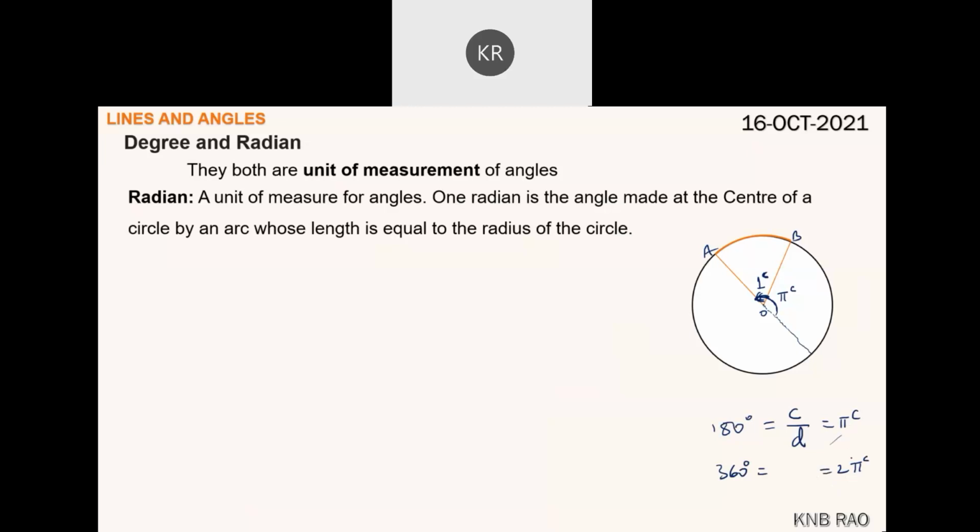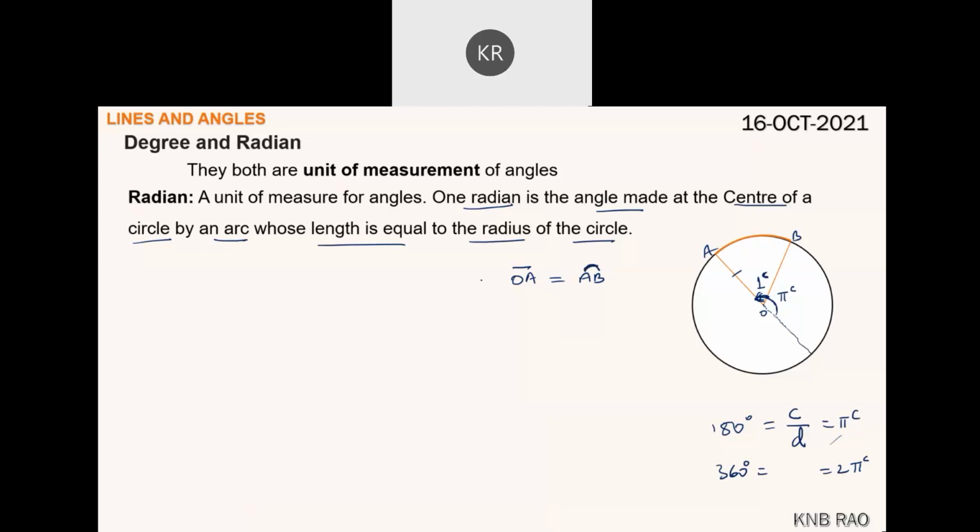But in class 11th, you will be learning only this way the meaning. The meaning of a radian is the angle made at the center of any circle by an arc of length equal to the radius of that circle. Understood? OA is a radius, its length is equal to the arc AB length.